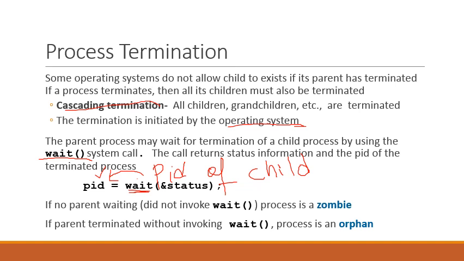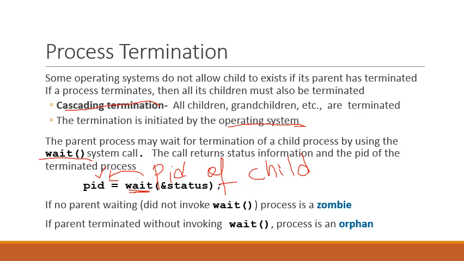So the wait system call returns the child process identifier, and this is needed because a parent may have many children. So how is a parent going to know which of its children has completed its execution? For example, if there was a process A and it has two children, process B and process C, and process C has completed its execution, how is the parent going to know that it is process C, or child C, which has finished its execution?